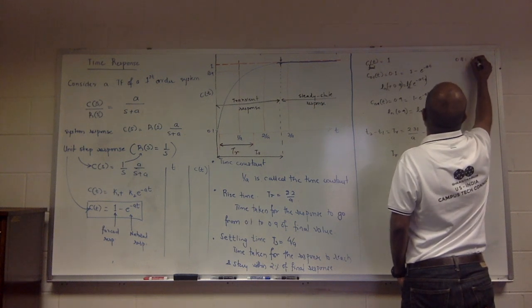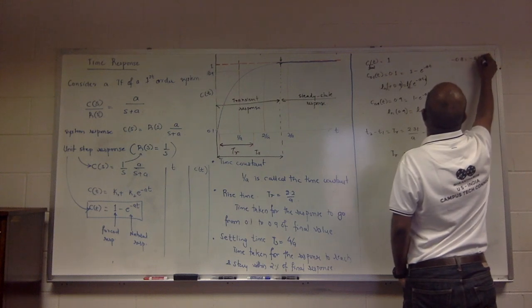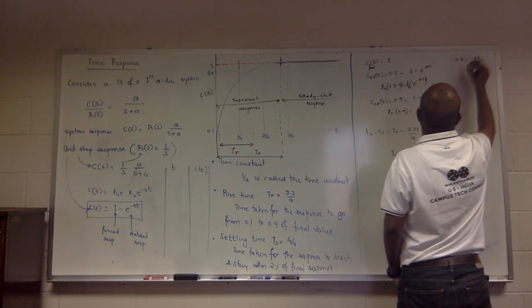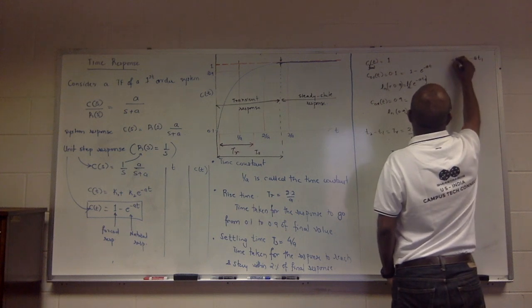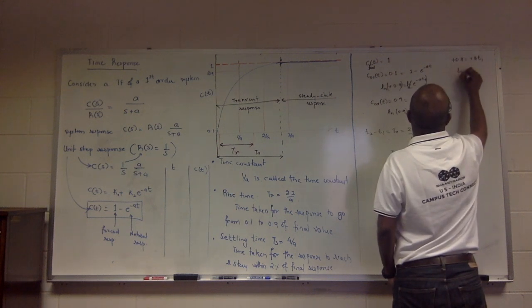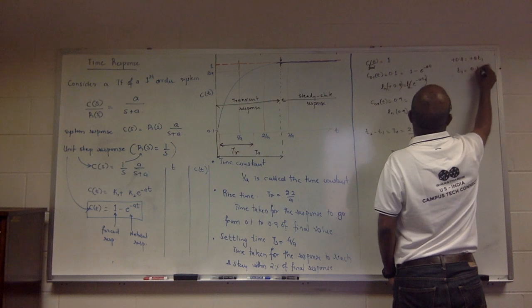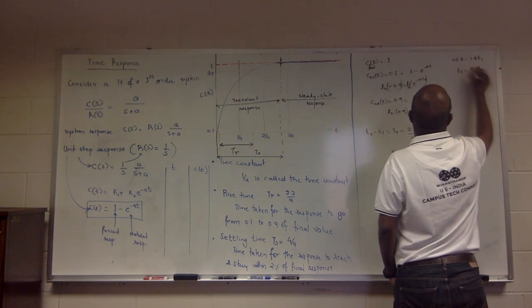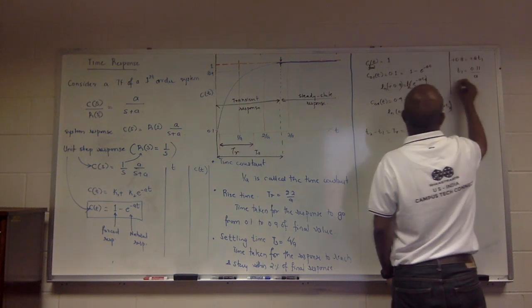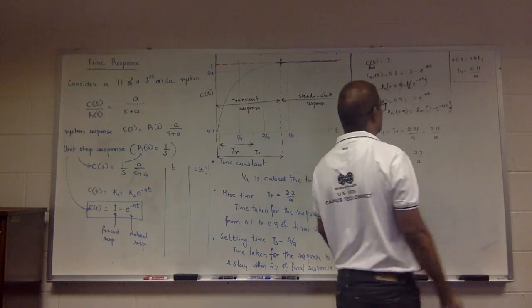Yes, negative 0.11, right? It is negative a T1. Okay, and if you solve for this, it is positive. T1 is 0.11 divided by a. And similarly, you can solve for this.